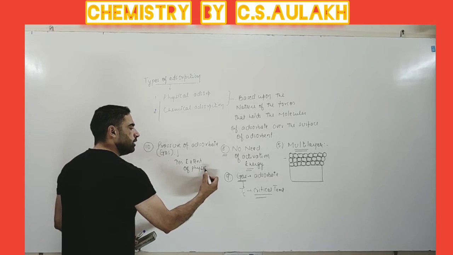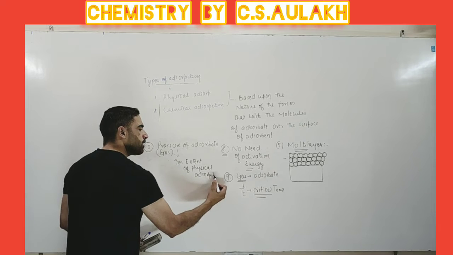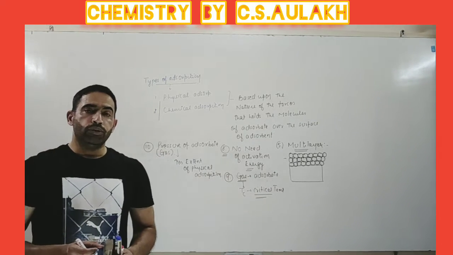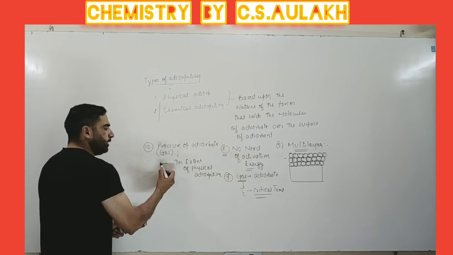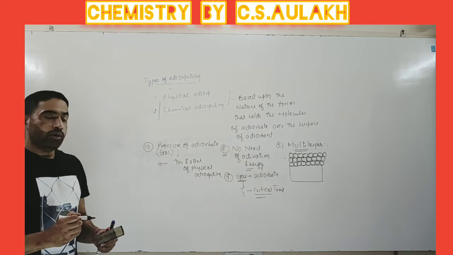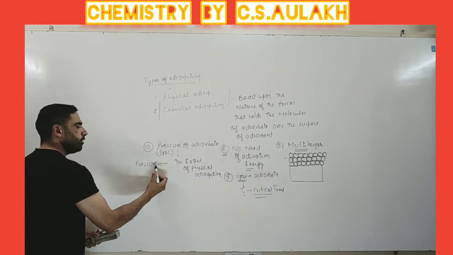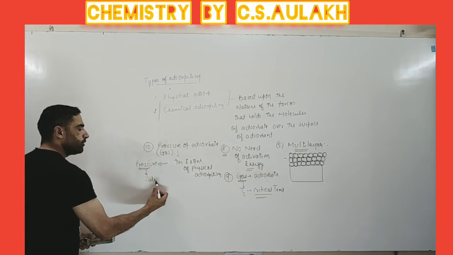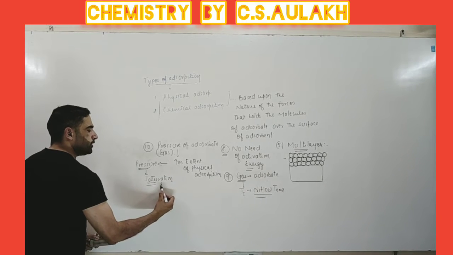The physical adsorption goes on increasing as we go on increasing the pressure. There is a limit to this extent, when the pressure value reaches a limit which is also called the saturation pressure.